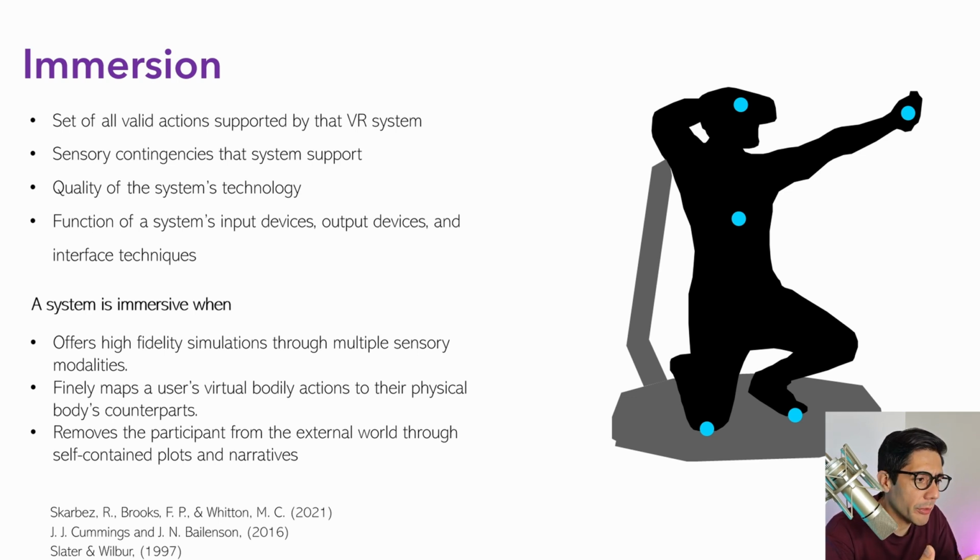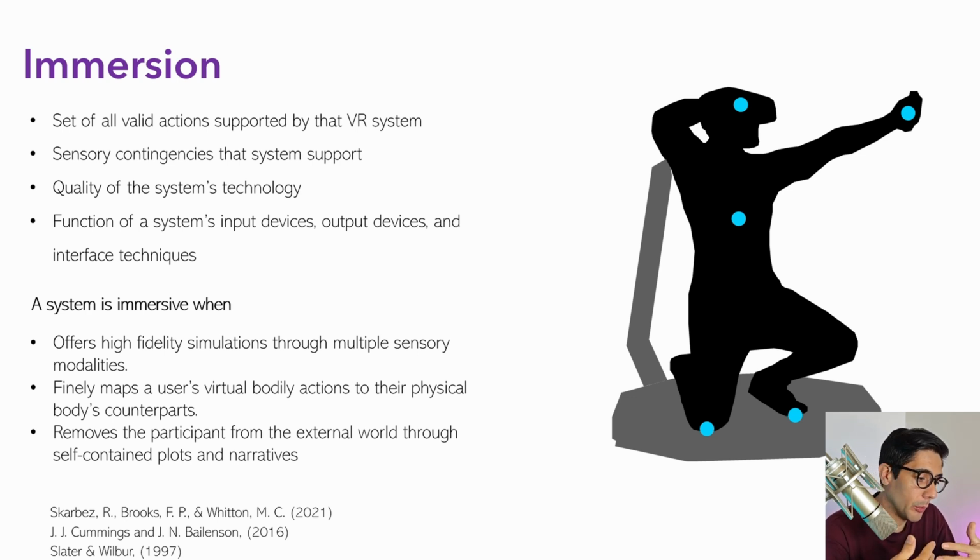So in general, when people refer to immersion in VR, they refer to the system or the characteristics of the system. They are referring to how many sensory inputs this system is actually answering. We could say that this immersive system offers high fidelity simulation through multisensory modalities.